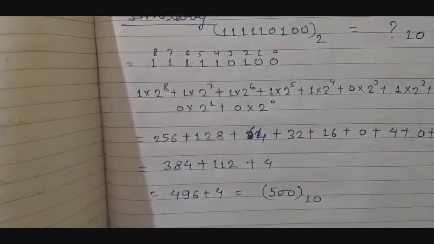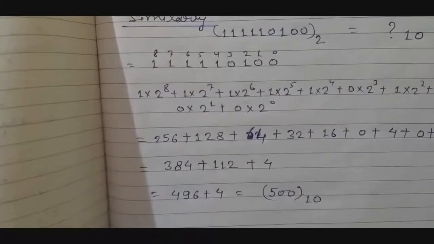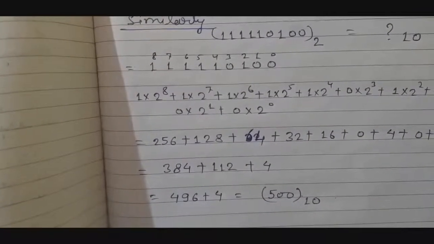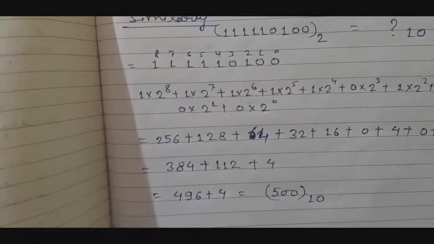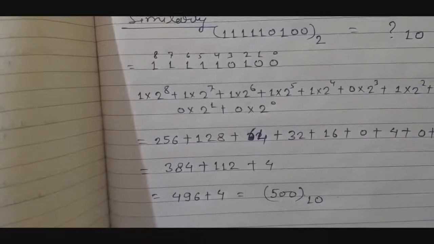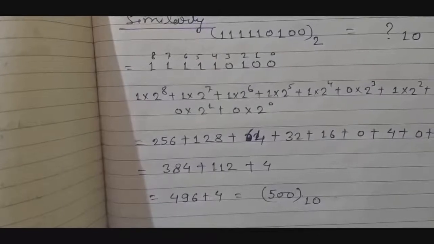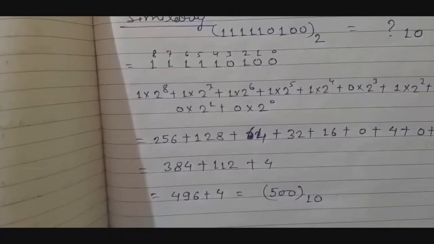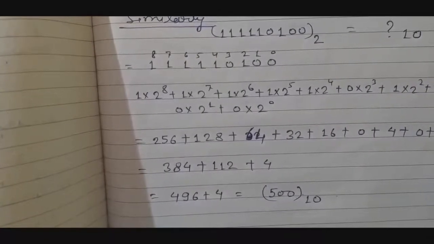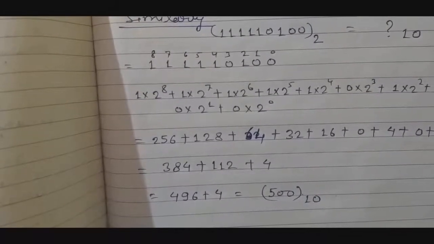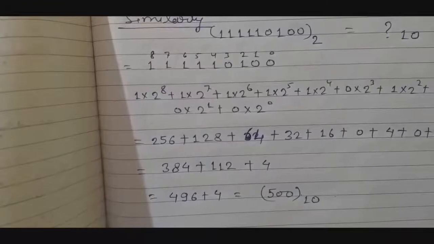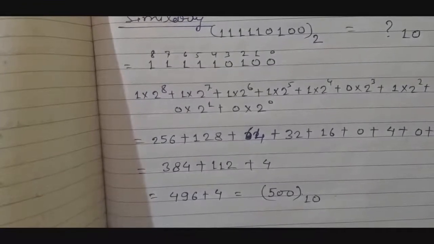So here you can see that we are converting a binary number into a decimal number, and for such conversion we have to find out the place value of the binary digits. We find the place value from right to left: the position of the rightmost digit is 0, and afterwards 1, 2, 3 and so on.